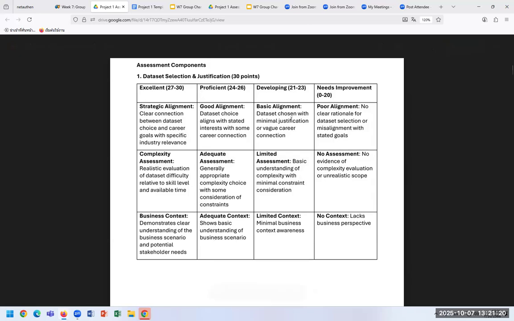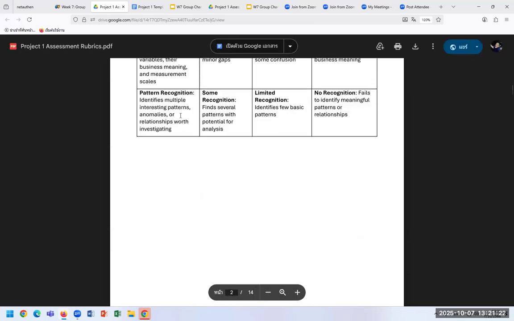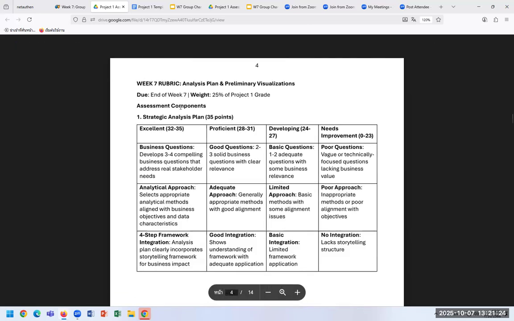For example, in week 7, like this week, we are going to focus on your strategic analysis plan. How did you get your findings? How did you get questions for your data set? And how did you find ways to answer those questions?